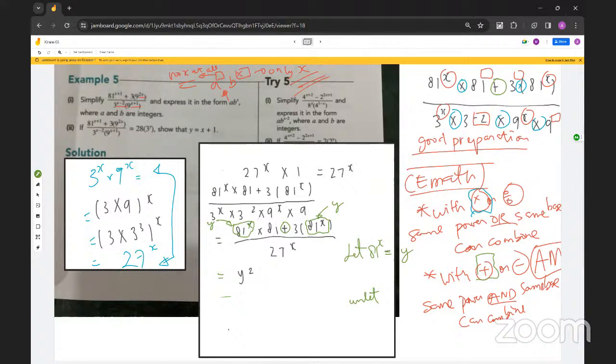I am asking you to pretend that 81 power x is y, right? So this is y, times 81. It's y times 81. How did you get the y square from?